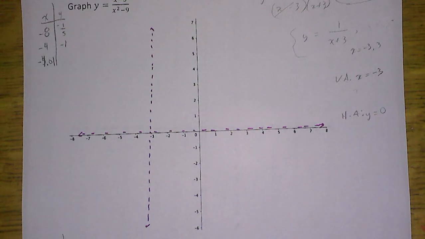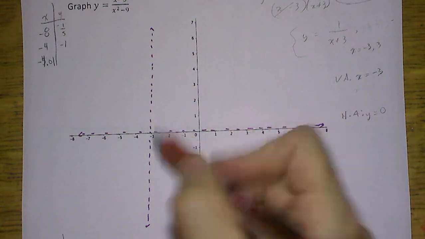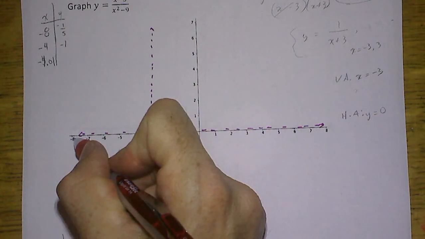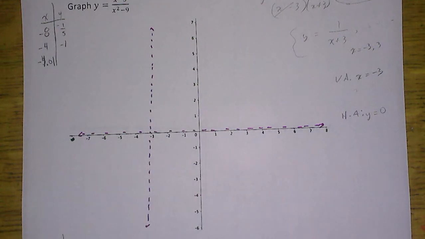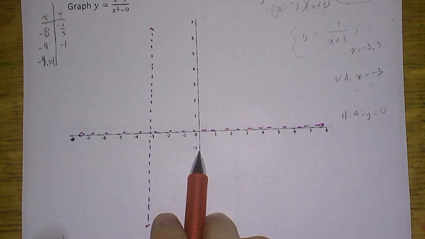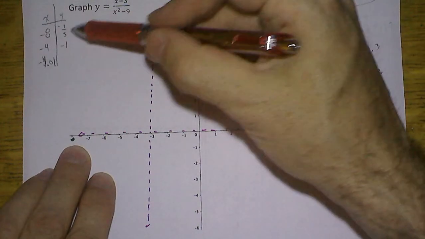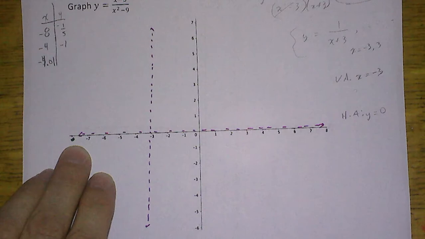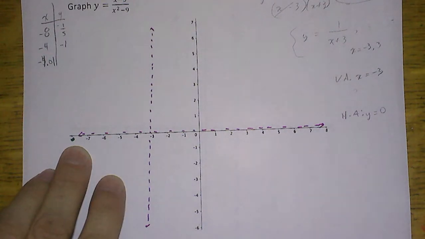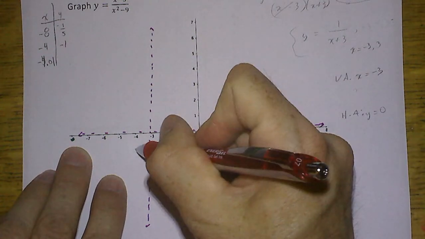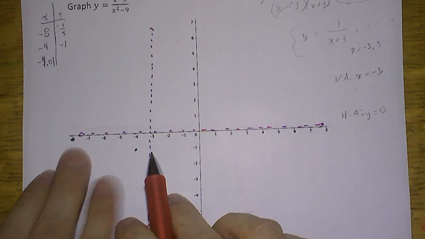Maybe I'll switch it up and write green. So at negative 8, my y value here, negative 1/5 is fairly close to 0. So negative 4 has a y value of negative 1, so there it is.